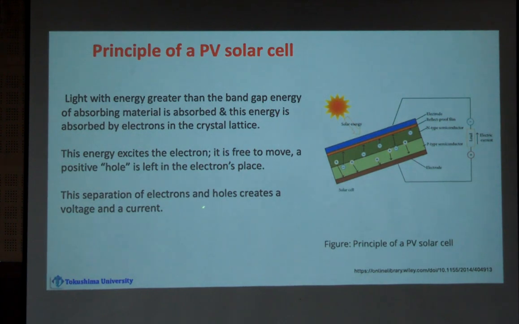This separation of electron and hole creates voltage and current. This process happens quickly. This way current is generated with the help of light only.